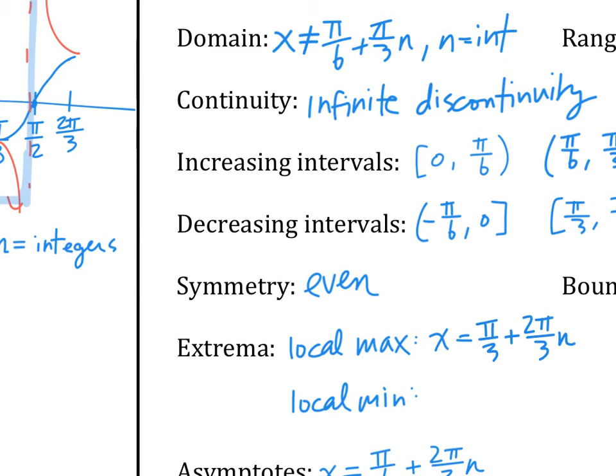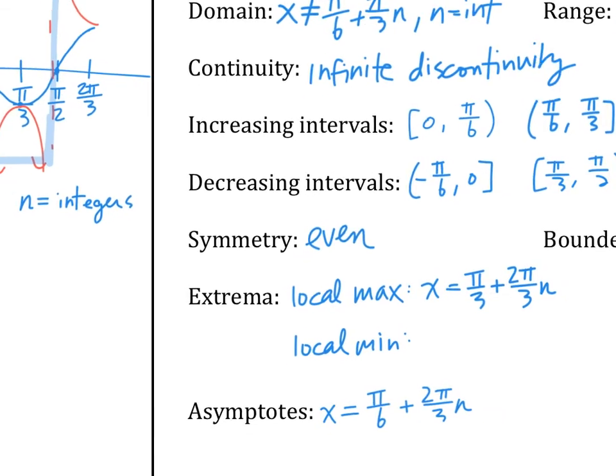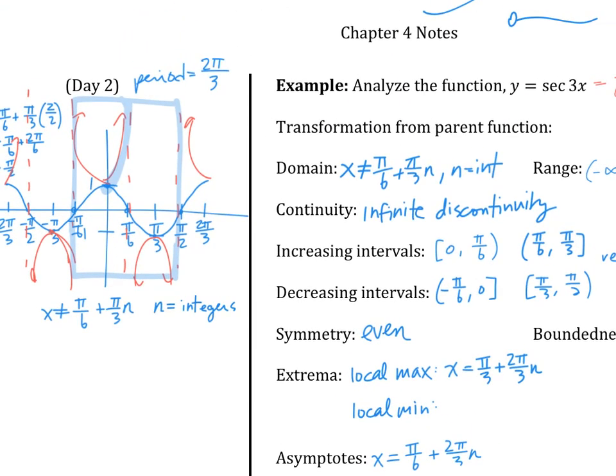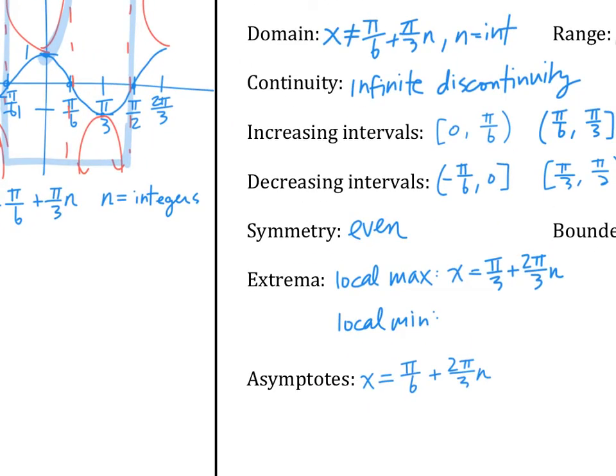Because that shape has to repeat itself one period over. Yes? For the asymptotes, isn't it pi over 3n? Oh, I'm sorry. Yes, you're right. I wrote the wrong thing. Yes. Sorry. You are correct. Yeah, it's exactly the same thing as the domain.